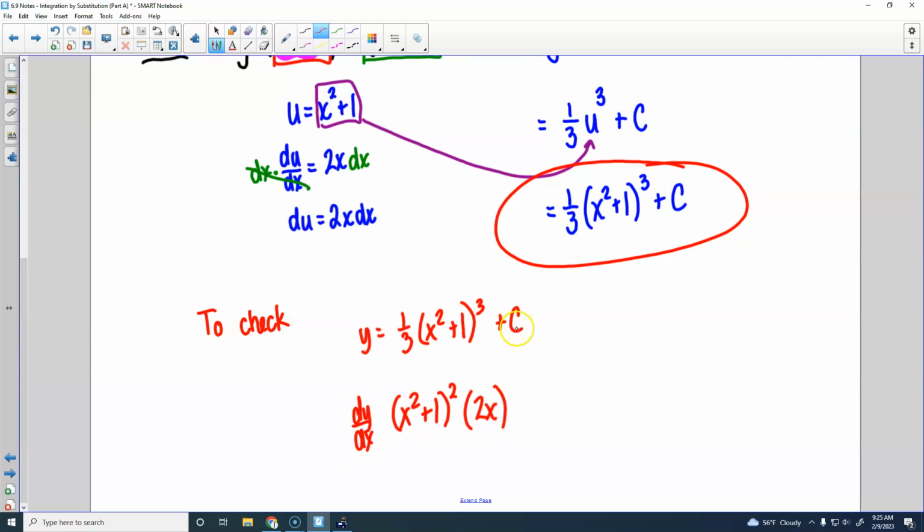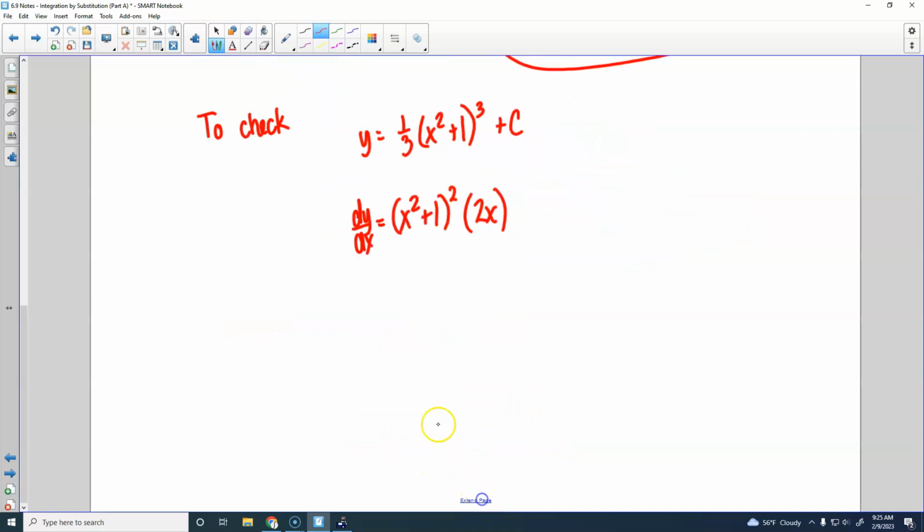What's the derivative of c? 0, because c is a constant. And if I want to know just the dy, I would multiply both sides by dx, which would give me that dx that's over there.